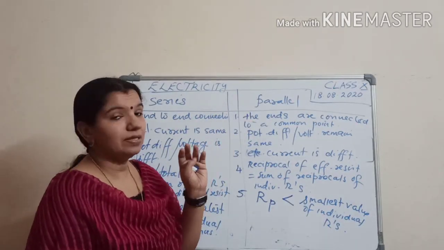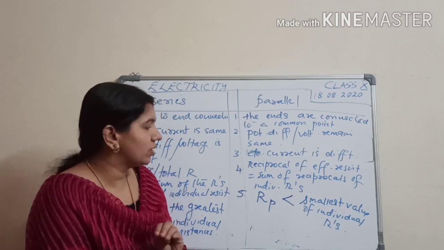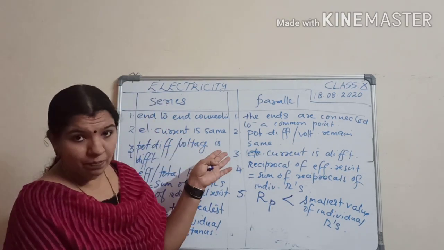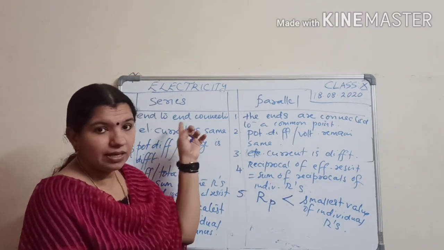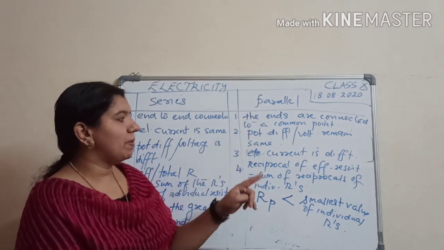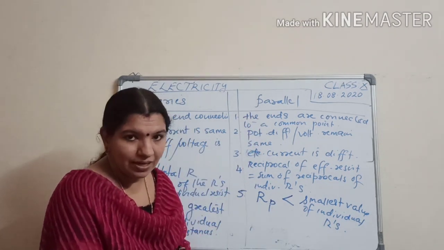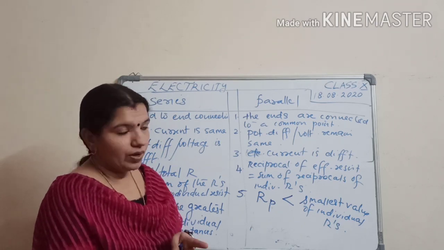So once again, in series connection, it is end-to-end connection. In parallel connection, the ends are connected to a common point. And electric current is the same, but potential is different in the case of series connection. Whereas in parallel, the potential difference will remain the same, but the electric current will vary.